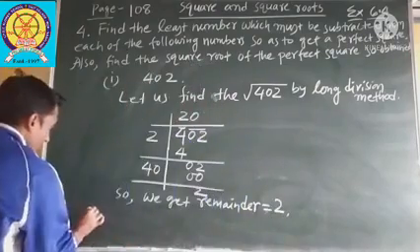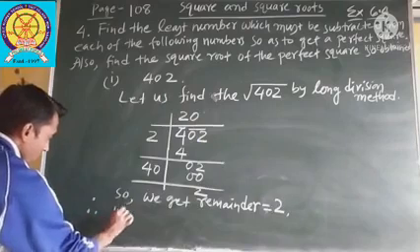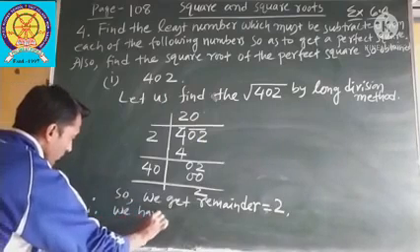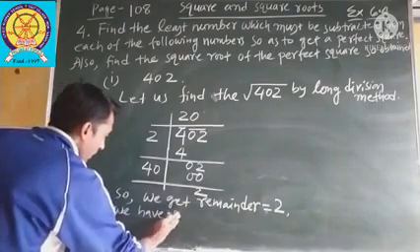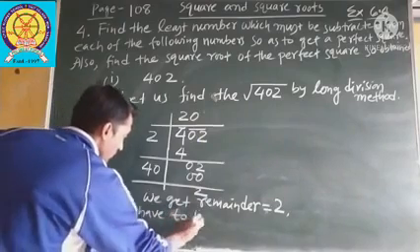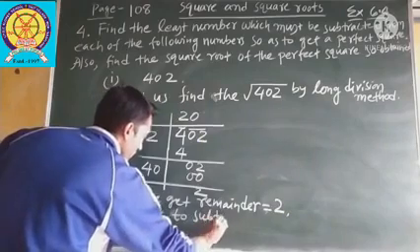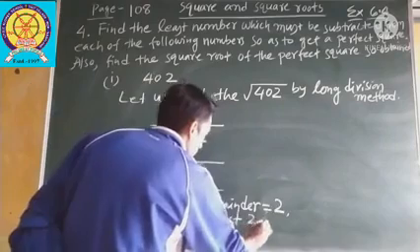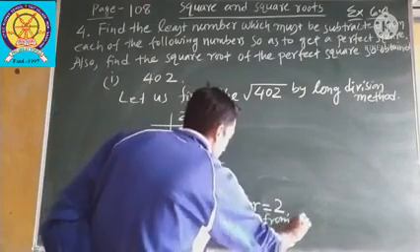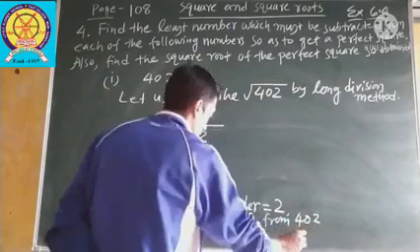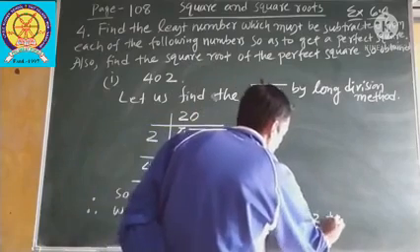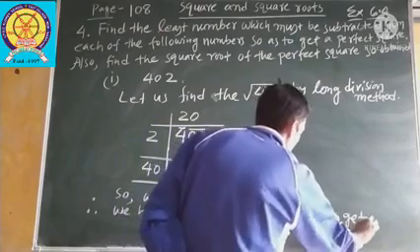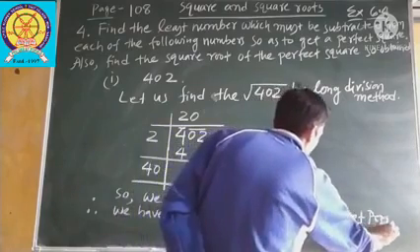Therefore, we have to subtract 2 from 402 to get a perfect square.